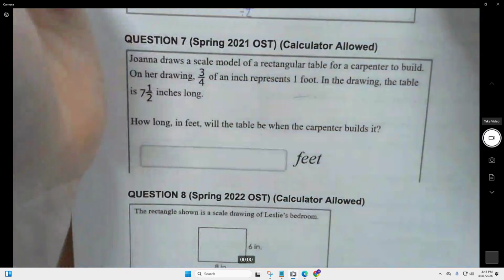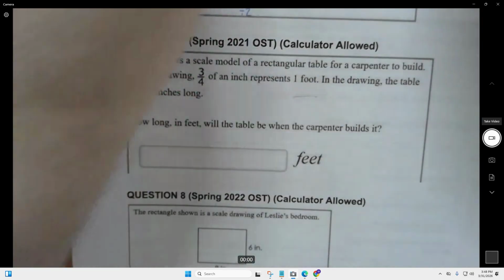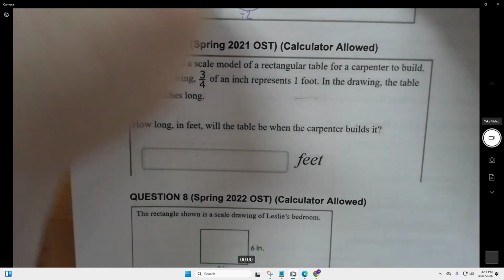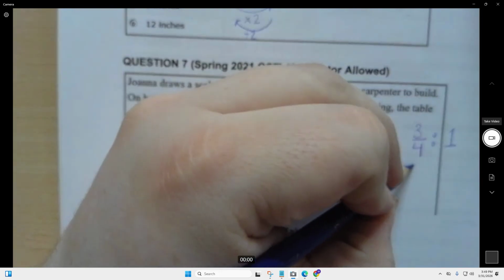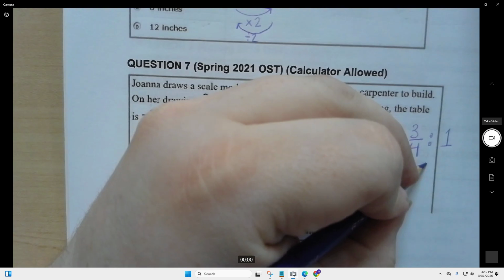So let's talk about another way we could do this. We're given information of 3/4 of an inch represents 1 foot. And we're told the model is 7.5 inches long. Say how many feet?